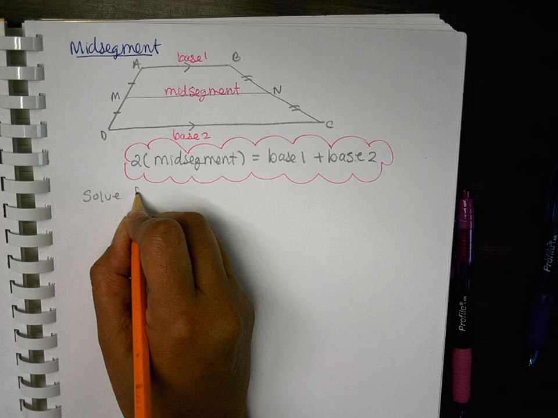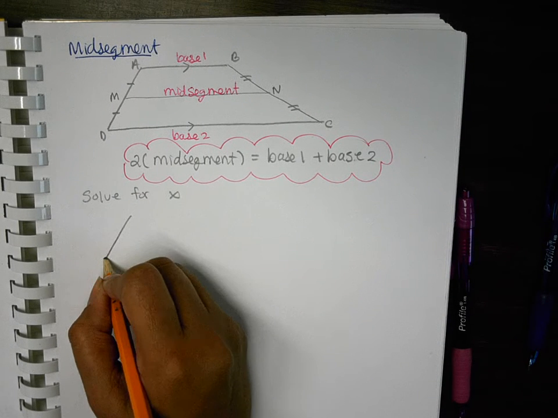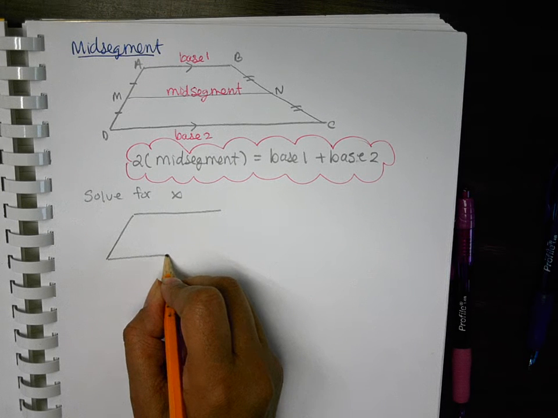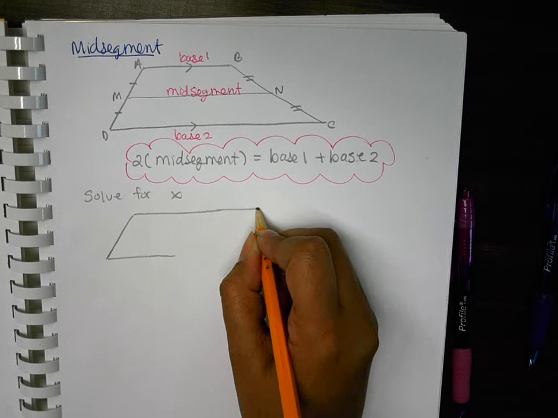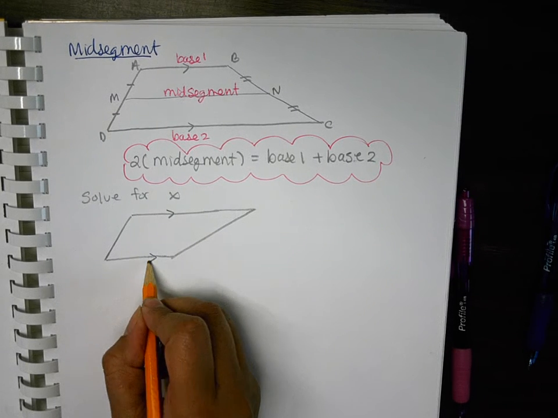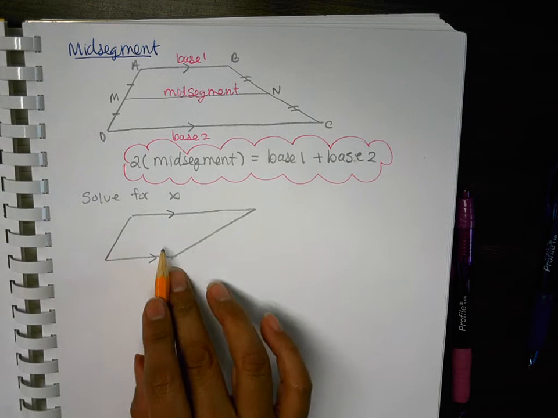I'm going to do a quick solve for x problem. Now, I had kids say, well, it doesn't look like a trapezoid, but I have one set of opposite sides that are parallel.